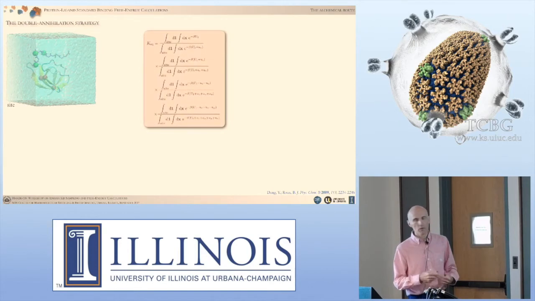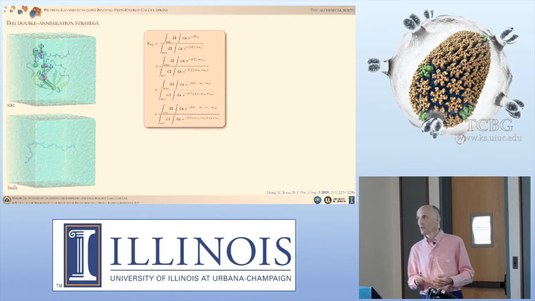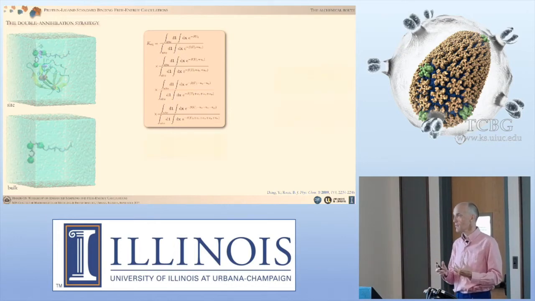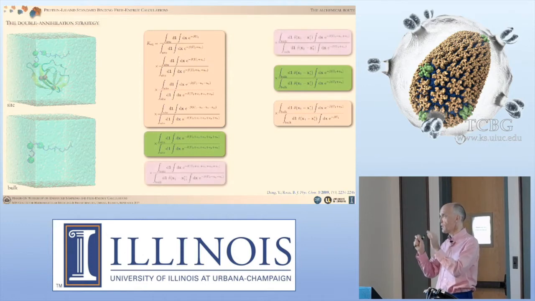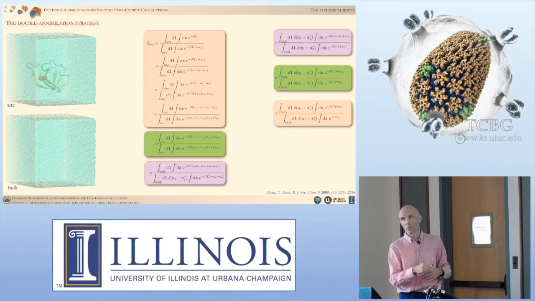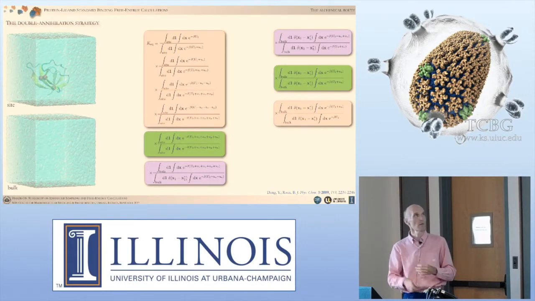In the kind of setup that we are using, the protein-ligand complex is in a box of water. We introduce groups of atoms in the protein and in the ligand to define a frame of reference, which allows us to define the orientation and the position of the ligand with respect to the protein. And then we introduce the restraints, and then we make the ligand appear or disappear.